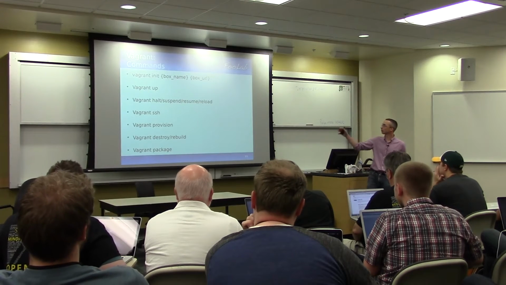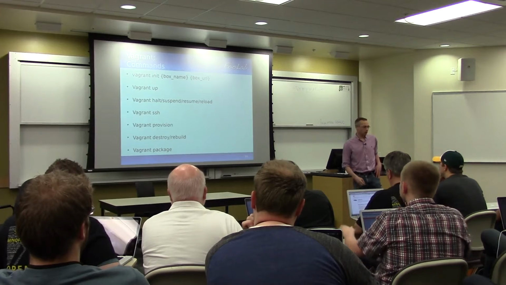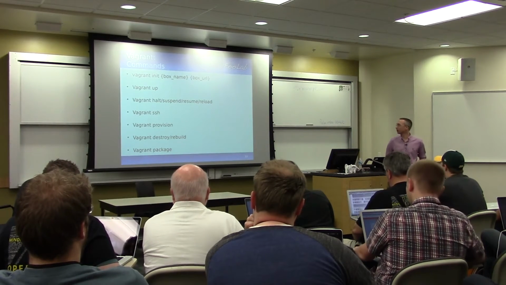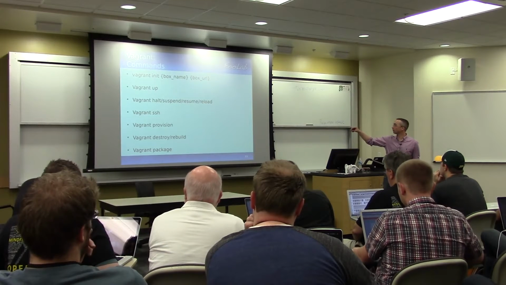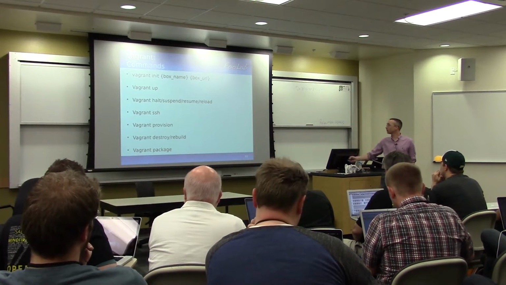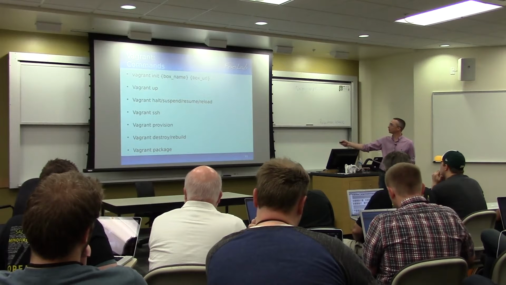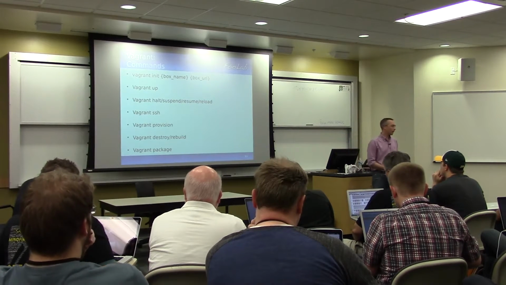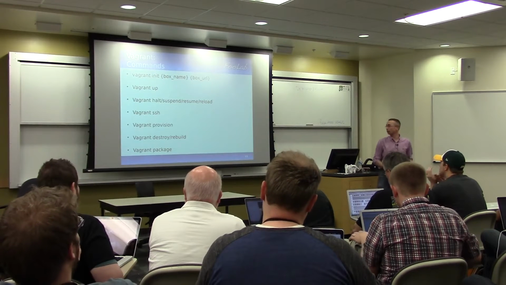Some of the basic commands for Vagrant. Basically, first you need to do vagrant init. We just give it a name and then a URL to that box that we want to download.